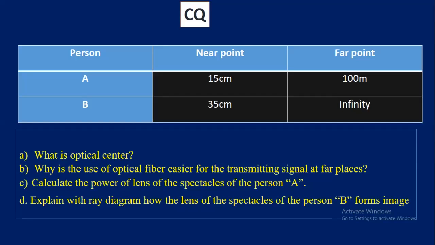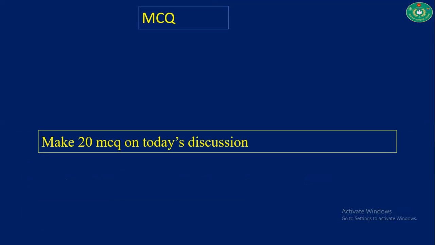I think by using ray diagram, we can draw the position of the object and position of the image for person B. And try to solve this question. That's all for you. And I think all of you have understood my class, and thank you for being with us.